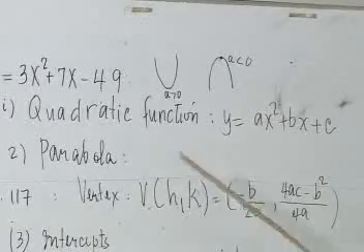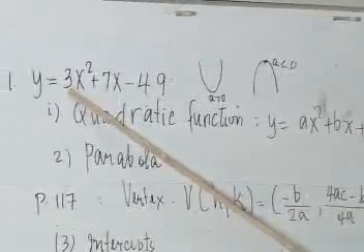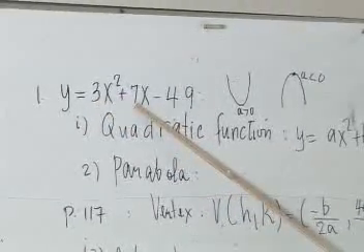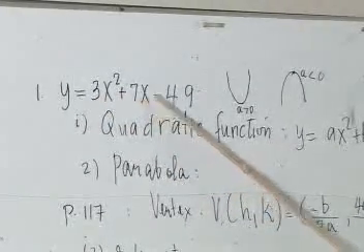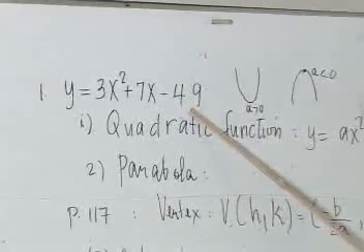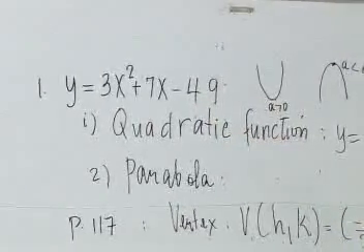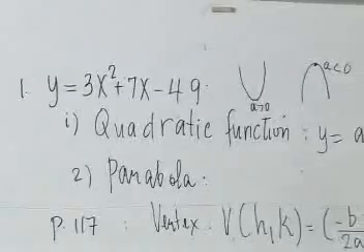In our example here, a is 3, b is plus 7, and c is negative 49. This is the general formula for a quadratic function.